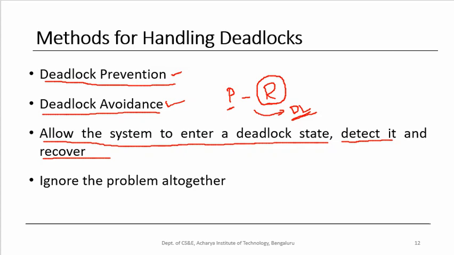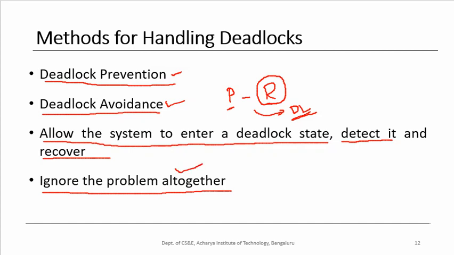The last one is a commonly used method for handling deadlocks, that is, ignore the problem altogether. Many operating systems such as Linux and Windows use this approach.